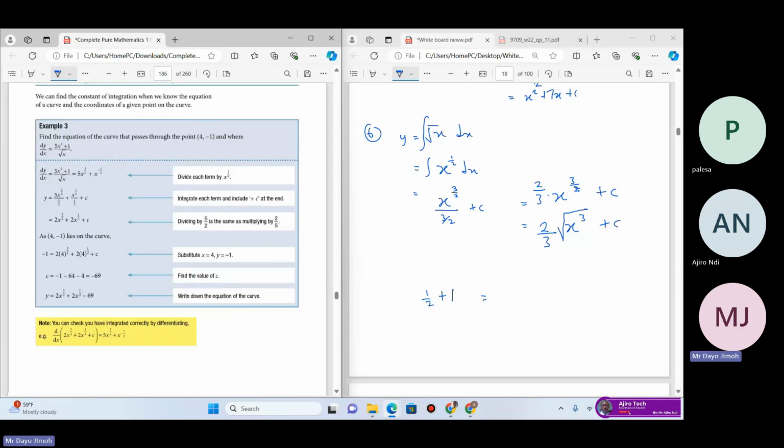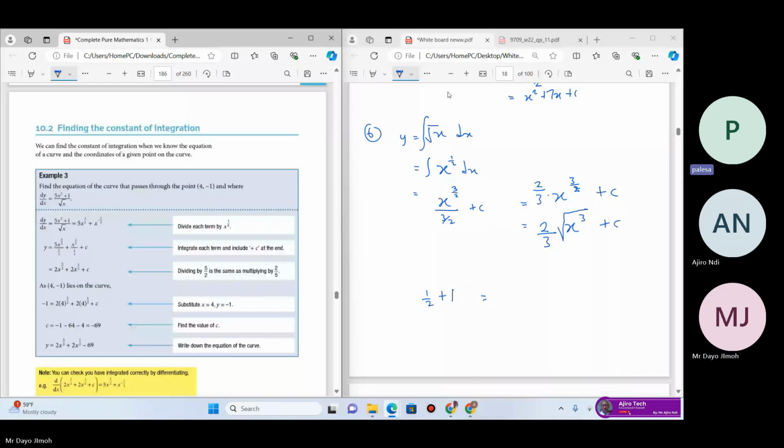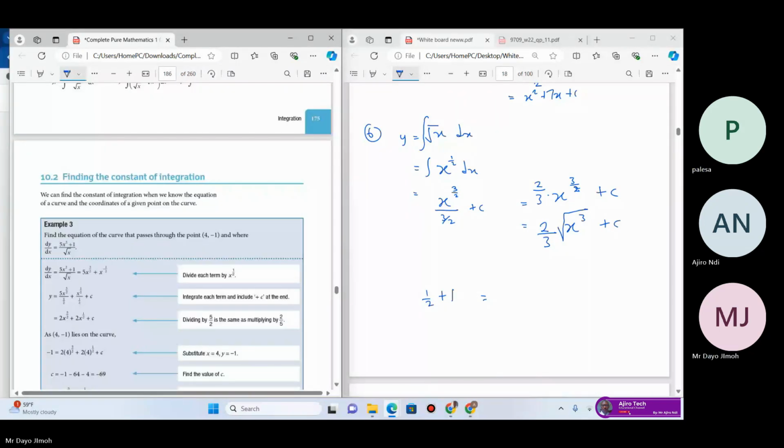Now, sometimes, look at this part, finding the constant of integration. Isn't it that the 2 is the root? If it was 3, it would be a cube root.